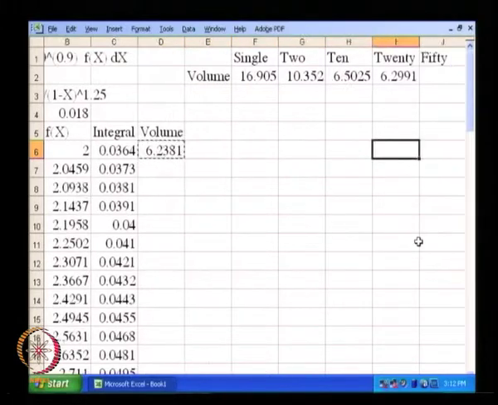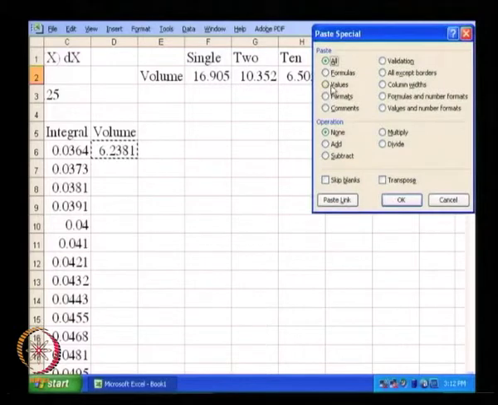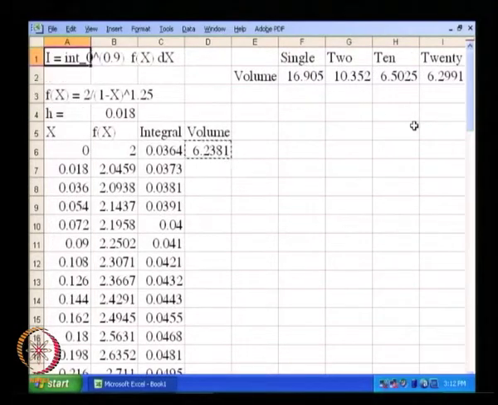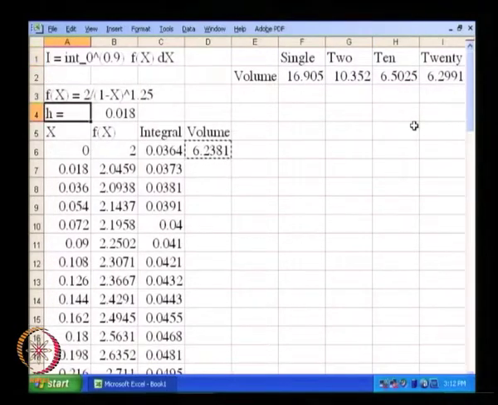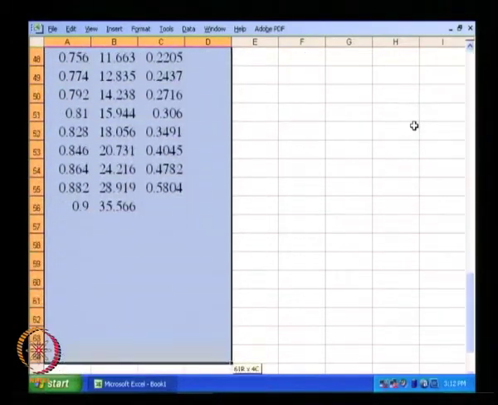So, what we see is that finally the method seems to be converging. What we need to do is define our error value, and use a large enough number of intervals such that this particular method finally converges to the final volume that we are interested in.